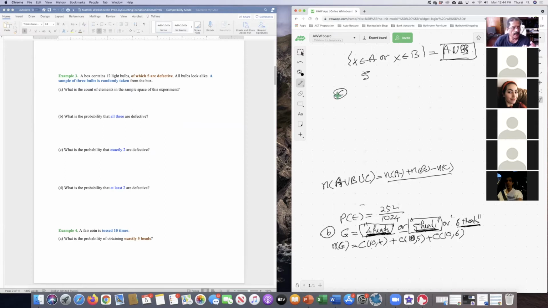So you have already chosen 5 defective bulbs, and you need to count how many elements in the sample space have exactly 2 defective. That means 2 have to be defective, 3 have to be good.